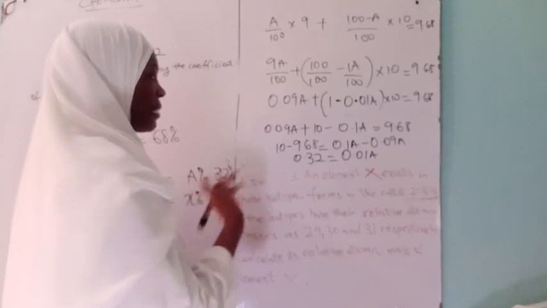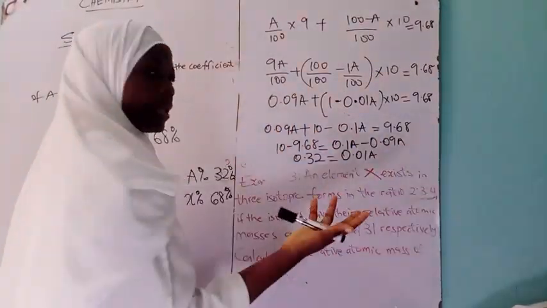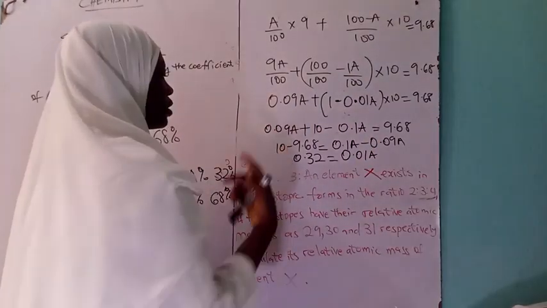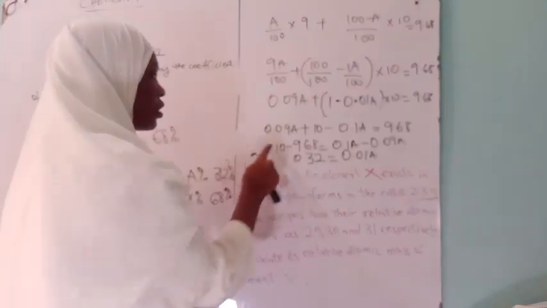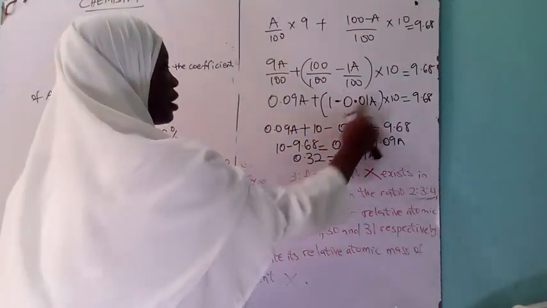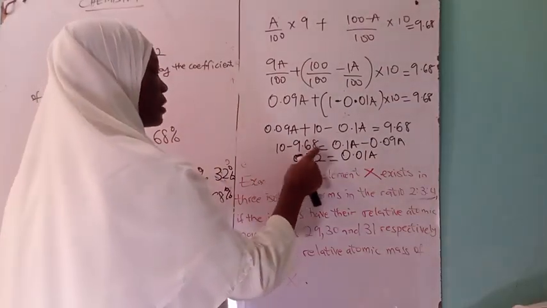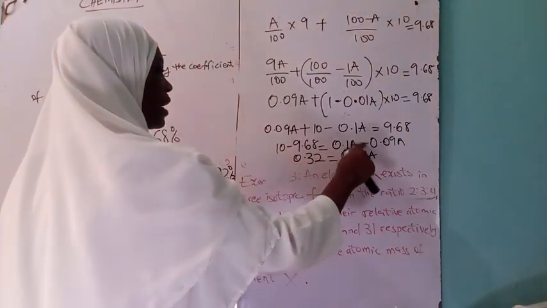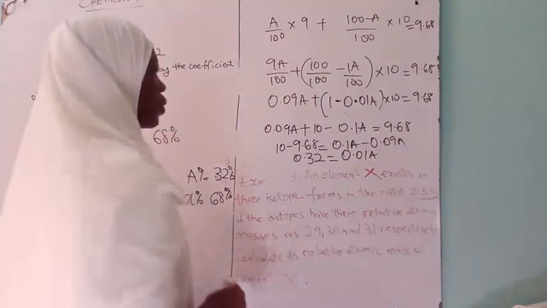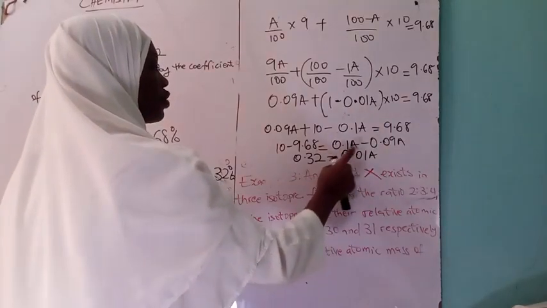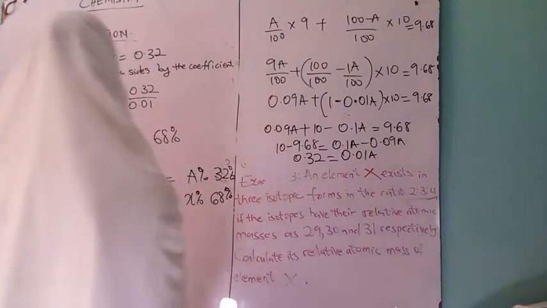We collect like terms, moving the ones with letters to this side and the numerical values to this side. When you move this to this side it will turn to minus, and to this side plus. Are you with me? We then have 10 minus 9.68 equals 0.1A minus 0.09A.